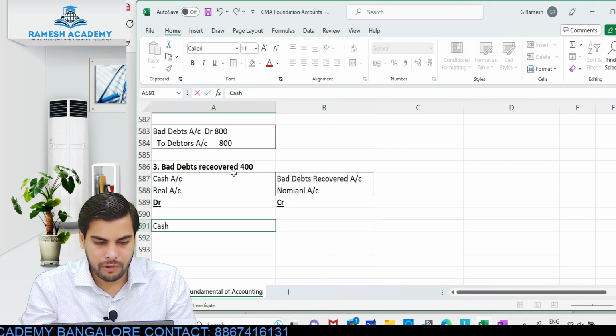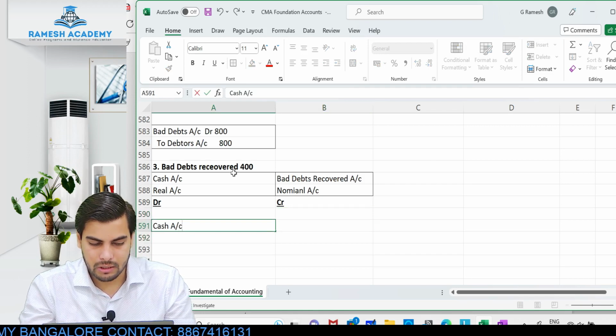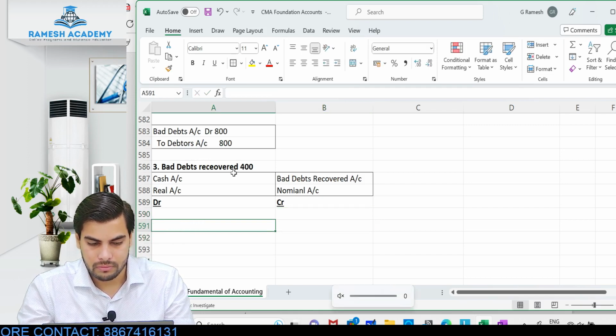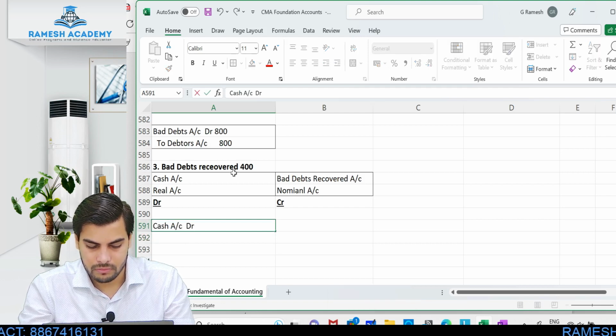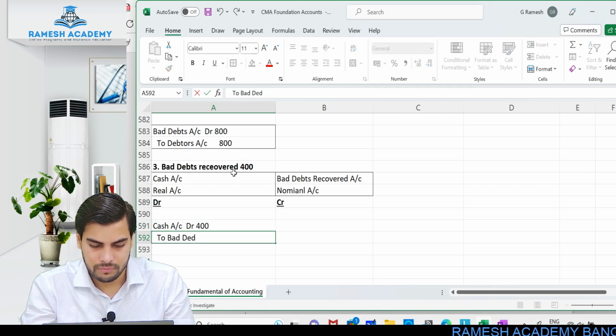So what would be the entry? The entry would be like this: cash account debit, to bad debts recovered account 400.